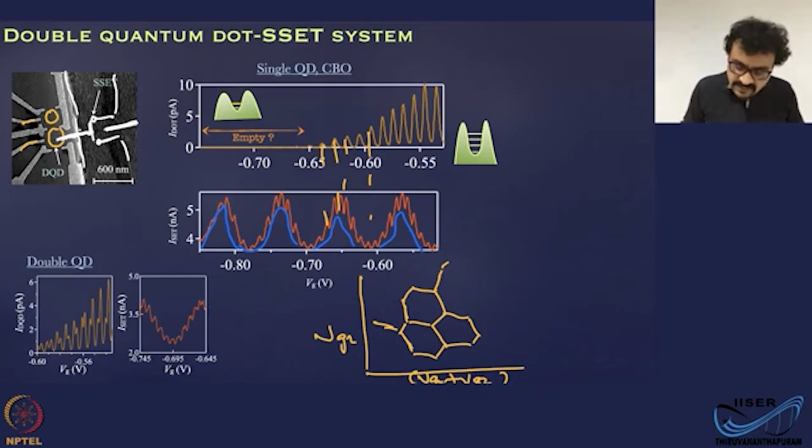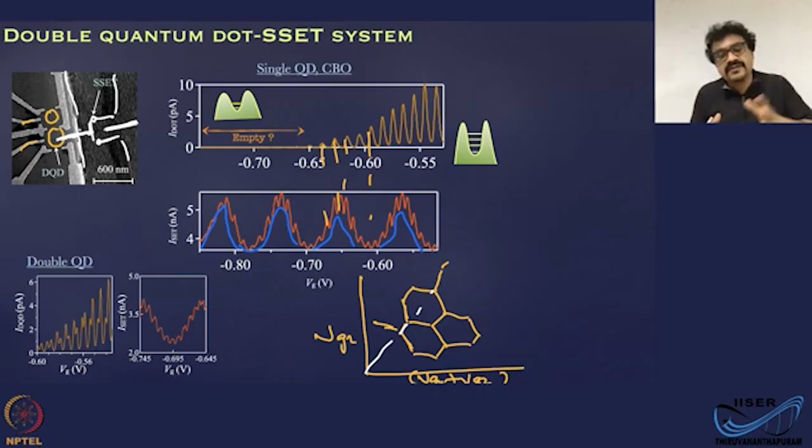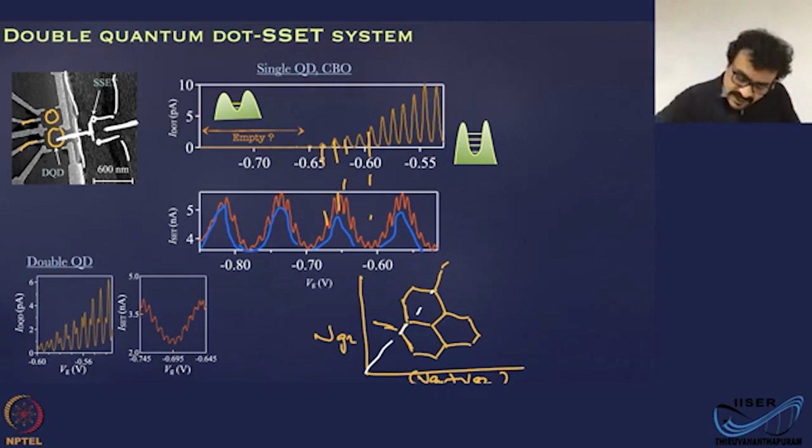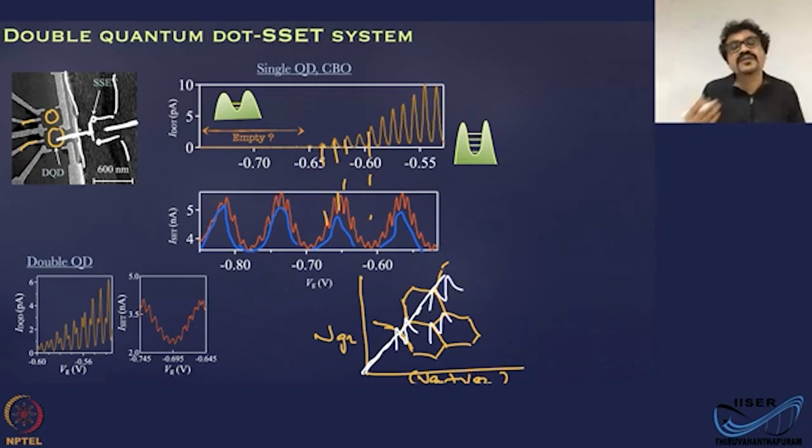Now when you see both of these together, what you're doing is you are going along this axis, because you're at a 45-degree in your charge stability diagram. If you remember what we have discussed during the double dot discussion. So when you do that, you are going in this direction through the stability diagram. So you have double peaks, okay.